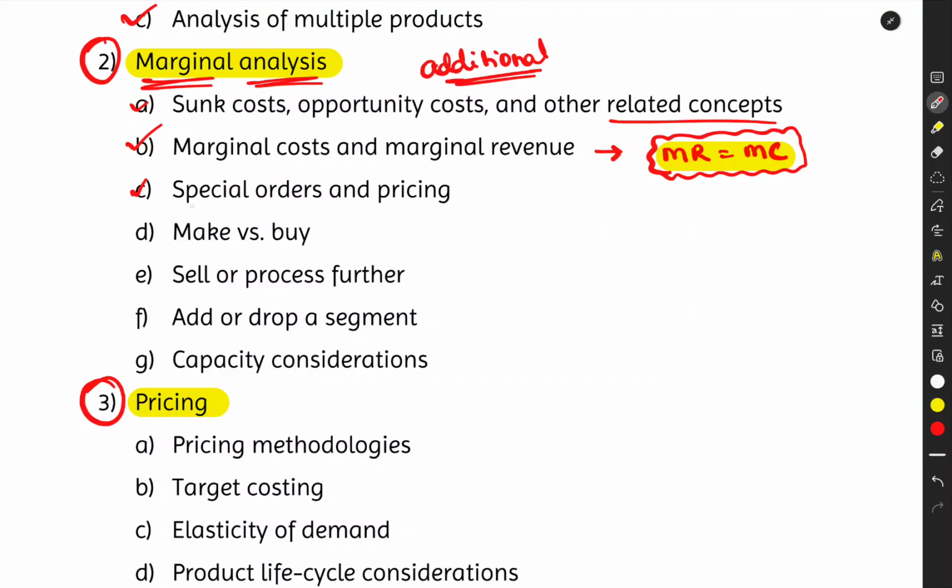Next, special orders. See, your regular orders price would be different from your special orders price. Like for example, if a student is coming to me and asking, sir, I want to enroll for CMA lectures, so that's regular, there is nothing special, so you can pay the prescribed amount of fee and you can enroll for the classes. But if a student is coming to me and saying that, sir, I want to enroll for your batch, that is okay, but I also want some special consideration to be given.